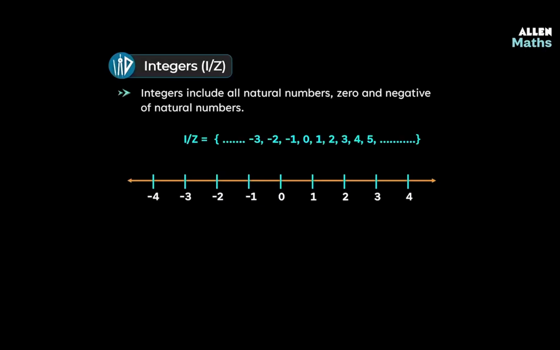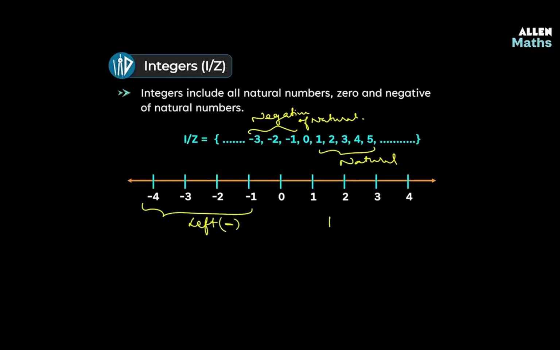If you see, here we have all the natural numbers and here we have negatives of natural numbers. Now to the left of the 0 we have all the negative numbers. So on the left side we have all the negative numbers, and on the right side of the 0 we have all the positive numbers.